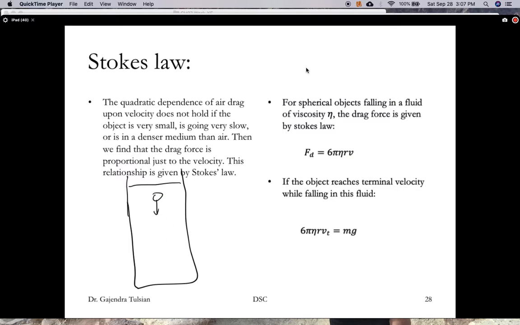Distance divided by time will give you the terminal velocity. You can measure the radius of the object, and so you can solve for eta. This viscosity is the weight of the object divided by 6 pi radius times terminal velocity. So here's how you can get the viscosity of an oil, for instance.